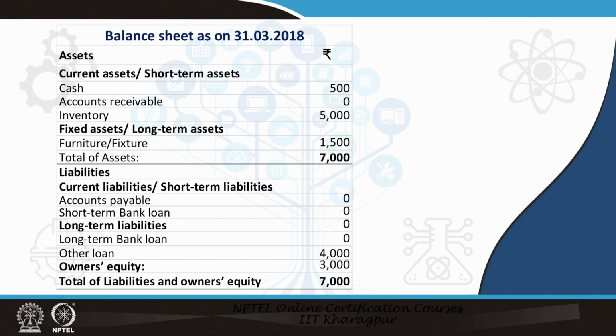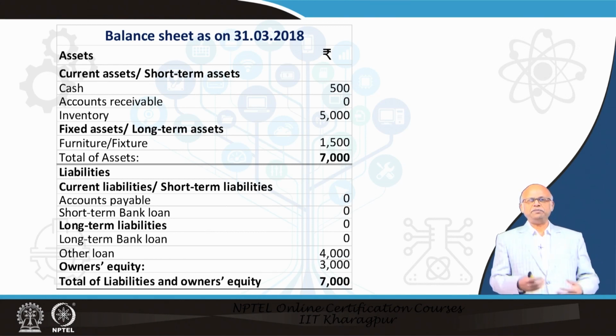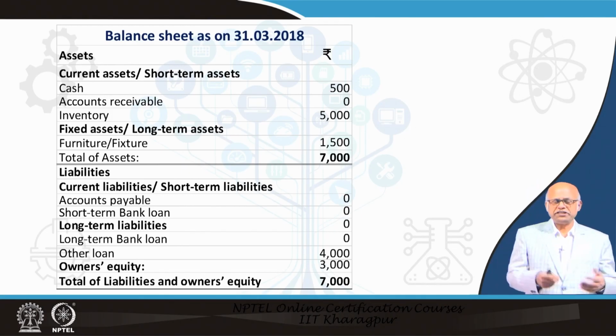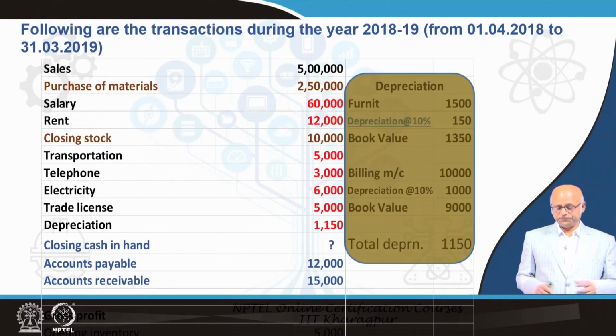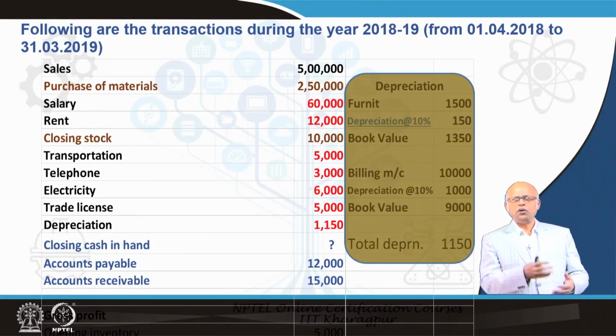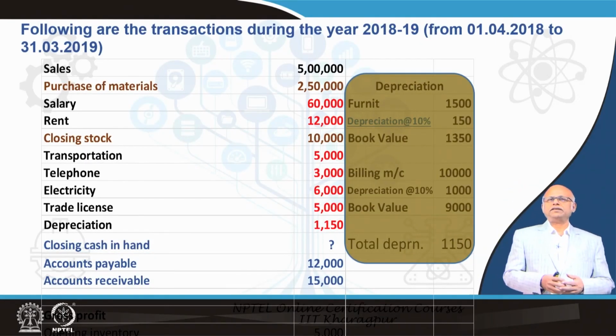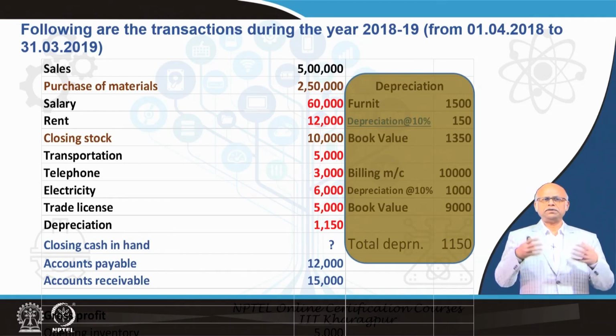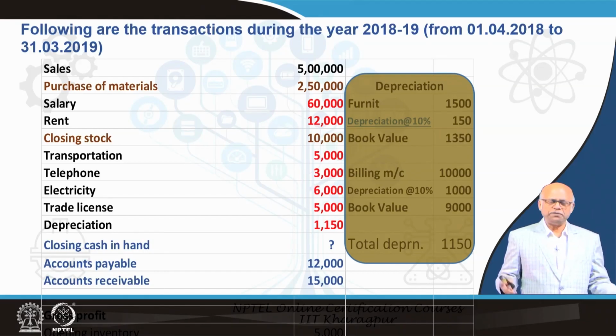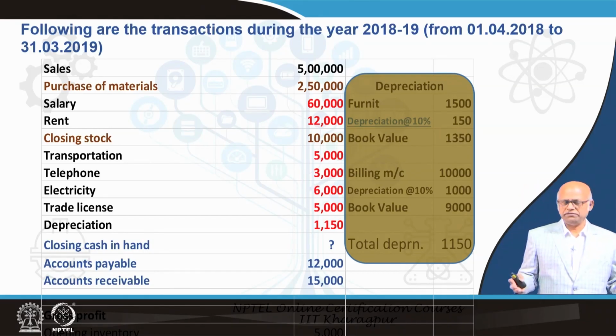You have recruited a person at a salary of 5,000 rupees a month, and for him you have bought a chair and a billing machine, because without a billing machine you cannot keep track of the transactions. With that, we have all this other data that is representative of the operating performance of your company.